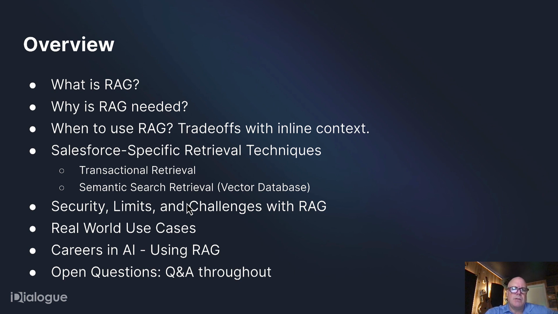We're going to get into those in pretty good depth. Some real-world use cases, some customers that are actually using it. And we'll talk about careers in AI and where RAG is going to be applicable. And if there's time, I'll try to answer some questions either during or towards the end.